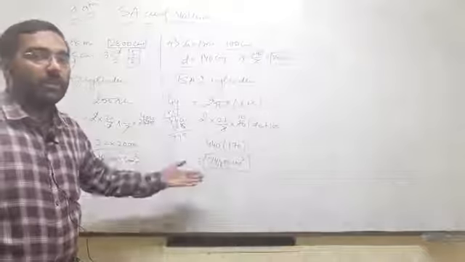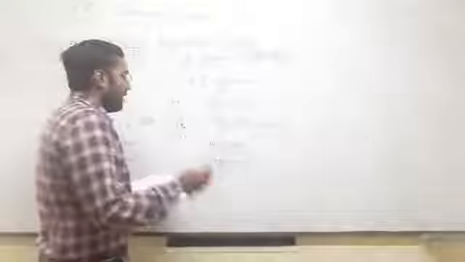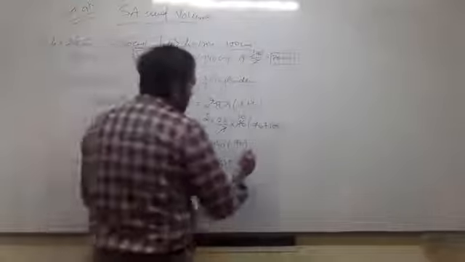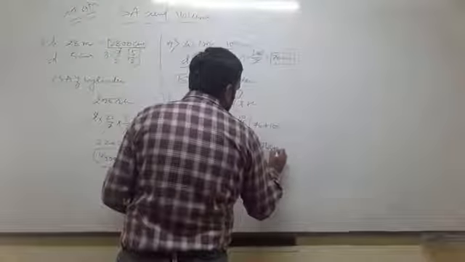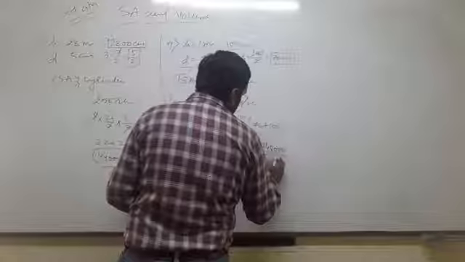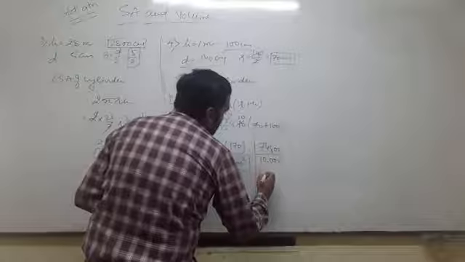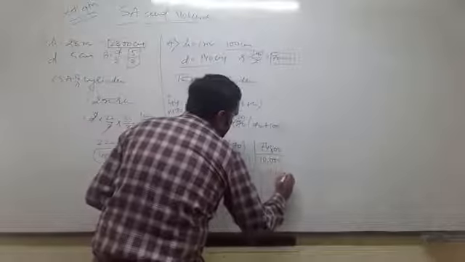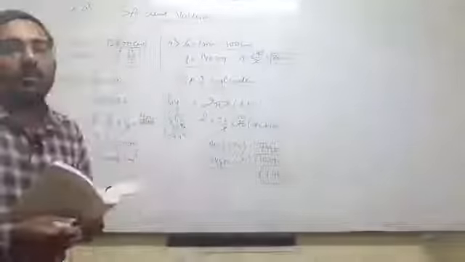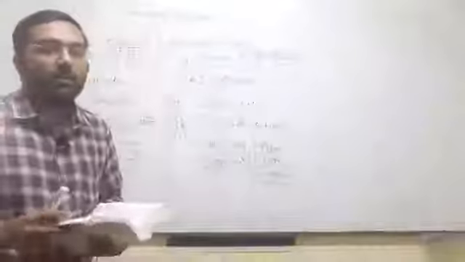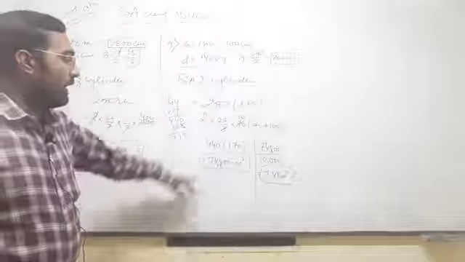So now I convert centimeter square to meter square by dividing by 10,000. Dividing by 10,000, my answer is 7.48 meter square. The question clearly says to find the area in meter square, that's why we have to convert it into meter square, otherwise your answer is correct.